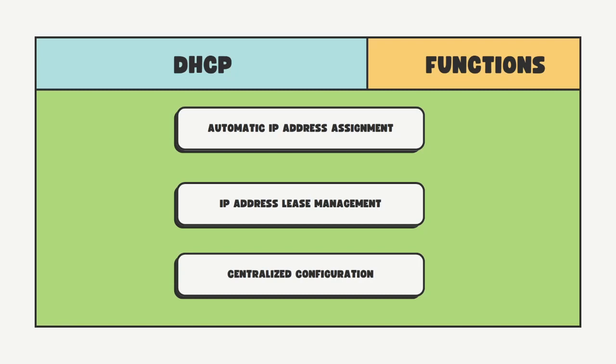And then there is IP address list management, and the last is centralized configuration. So this time you're gonna configure the DHCP, but you're gonna use the MLS or multilayer switch, and we need to know that the multilayer switch works on the second layer and third layer.